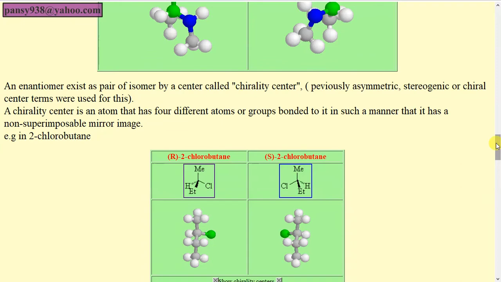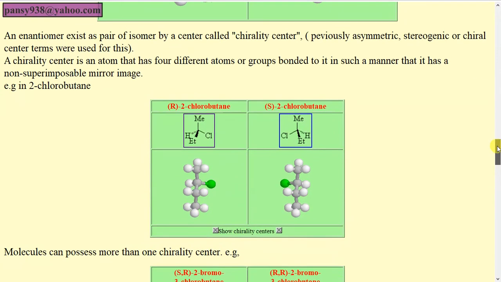Now take a simple example in order to understand the topic. We take 2-chlorobutane. This is the example of the R isomer, and this one is the S isomer of 2-chlorobutane. Again, both are mirror images of each other. Very clear from the diagram.